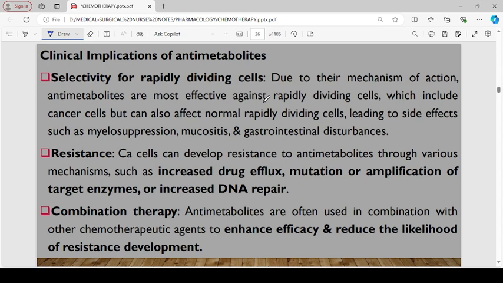But they can also affect normal rapidly dividing cells that we mentioned in the introduction, and this can lead to severe side effects like myelosuppression, mucositis, and gastrointestinal disturbance.